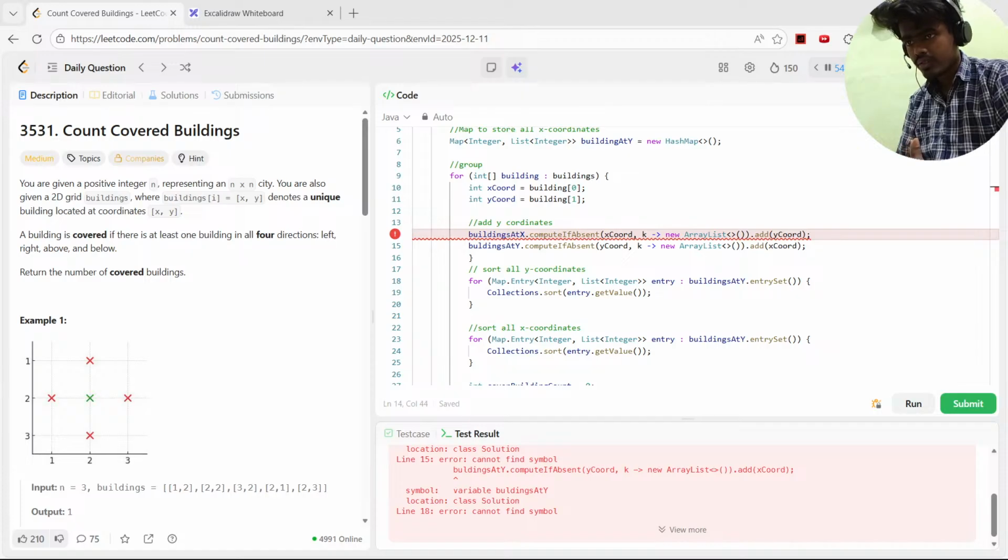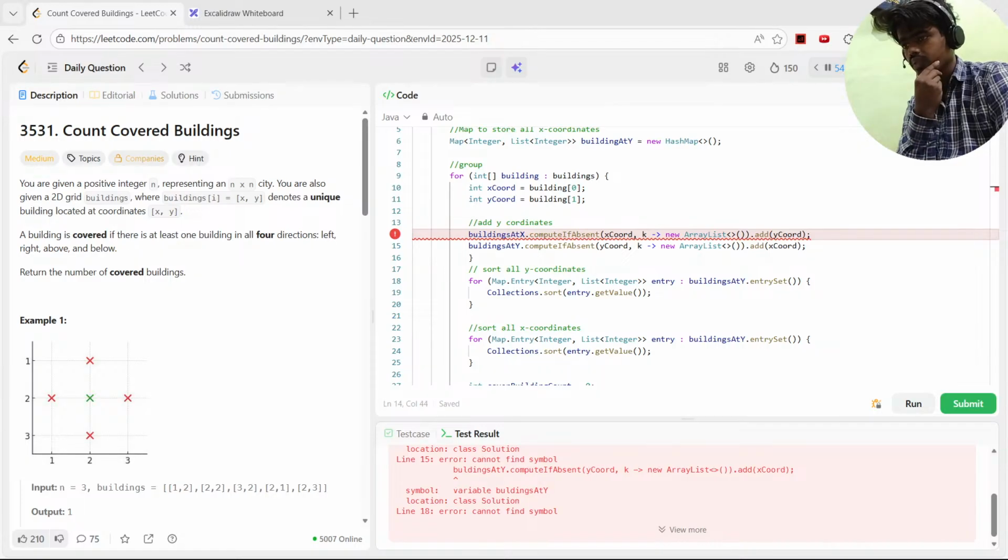New array list x, y code. Okay, now right.